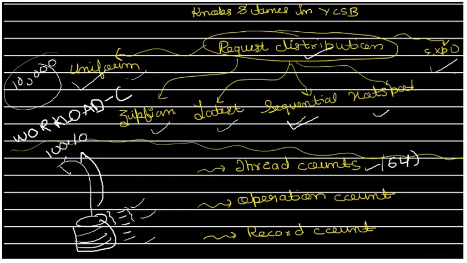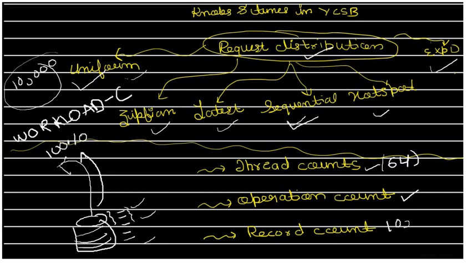Now we have operation count. We have already covered this. It tells how many operations we want to do. We can do 10,000 operations or 1 million operations. It is up to us. We have a record count. Suppose I give record count equals 10,000.